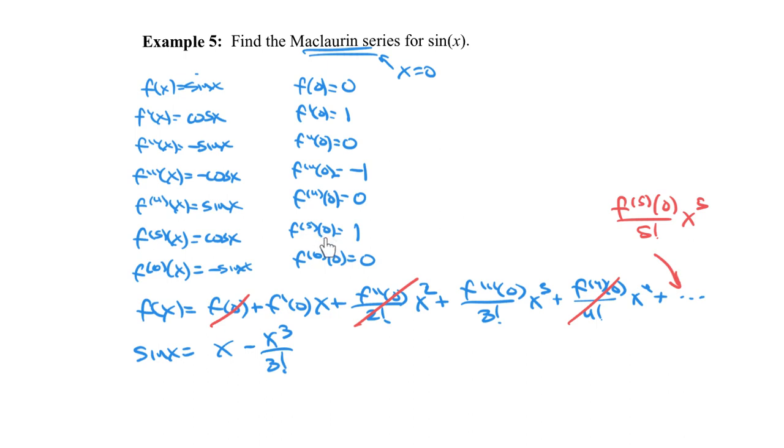The fifth derivative at 0 is 1, so this is going to be 1 times x to the 5th over 5 factorial. And I'm sure you can see at this time the pattern is going to be minus x to the 7th over 7 factorial plus dot, dot, dot. Okay, so this, again, is expanded form.